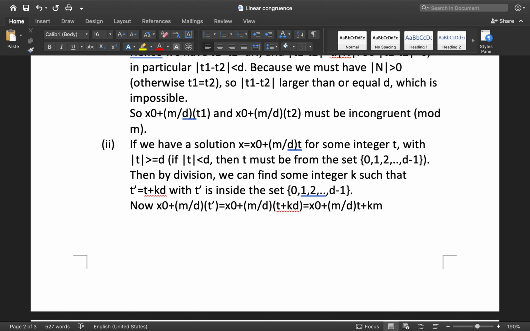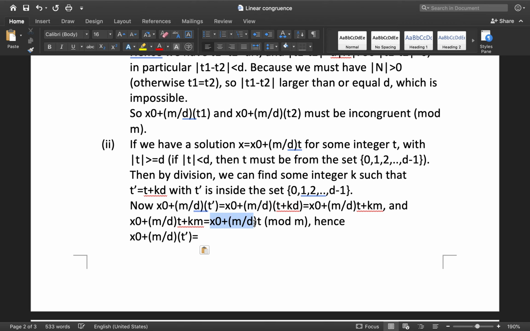It's a multiple of m, so that means after you take the congruence, this number is equal to x0 plus m over d times t modulo m, right? That means, hence, we have this number congruent to this.